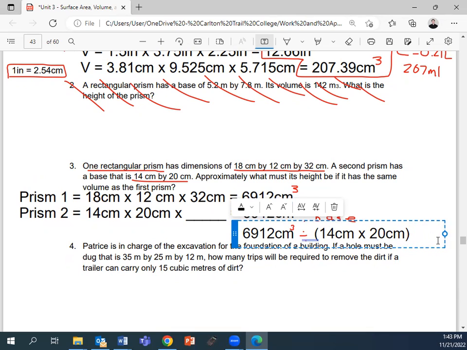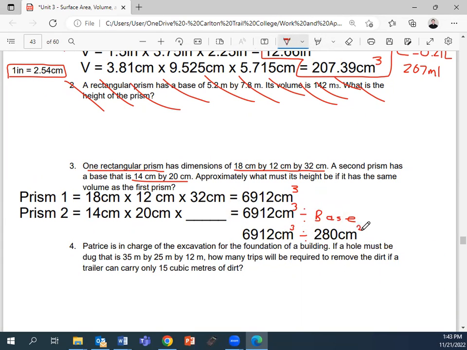For the sake of space, I'm going to remove these 14 centimeters times 20 centimeters, and I'm replacing that with 280 centimeters squared. I'm dividing it by the area of the second prism's base.